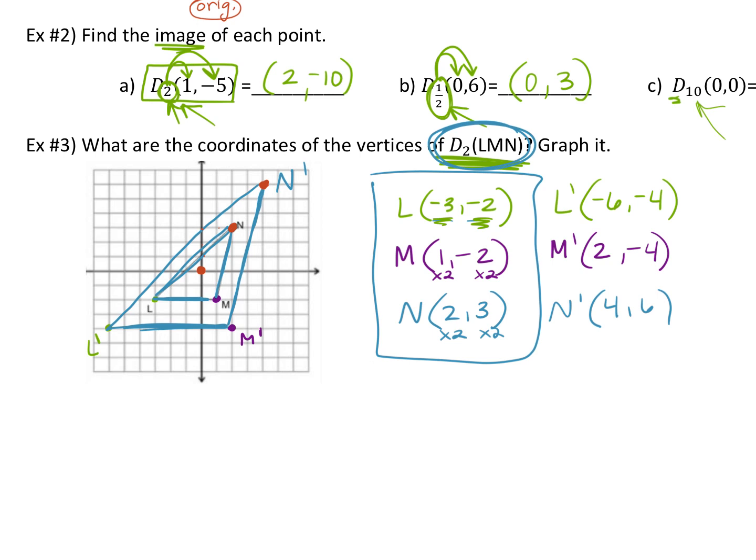Now, when will this work? Only an enlargement of what? 2. Only when you double it, right? So if it's a 3, you cannot do this. So the only time what Truett is saying will work is if it's 2. If it was 3, what could you do?